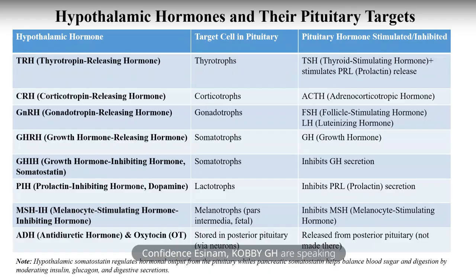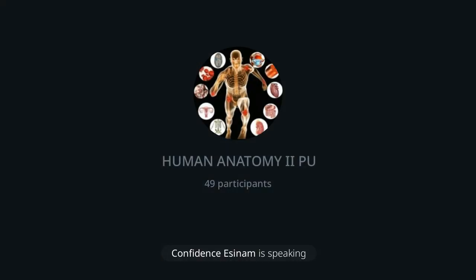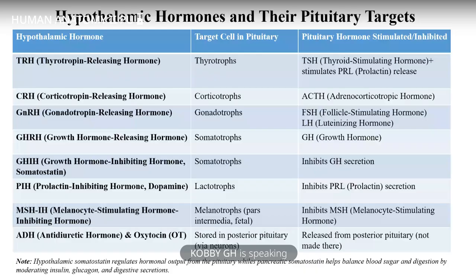No, the posterior hormones are the ones that are produced in the hypothalamus and they go through the nerve fibers to the posterior pituitary. Don't say blood vessel. Once you use blood vessel, then you are talking about anterior hormones. Anterior hormones are produced in the hypothalamus. Posterior hormones are also produced in the hypothalamus.